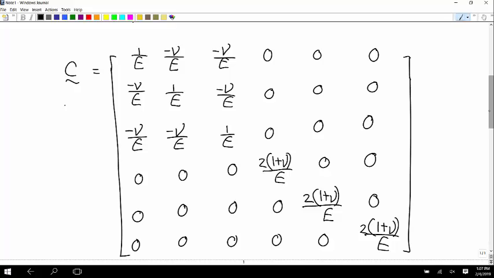What about the YY strain? What stress elements affect the YY strain? Well, what you do here is, I'm going to erase all this. So you're multiplying by this vector.